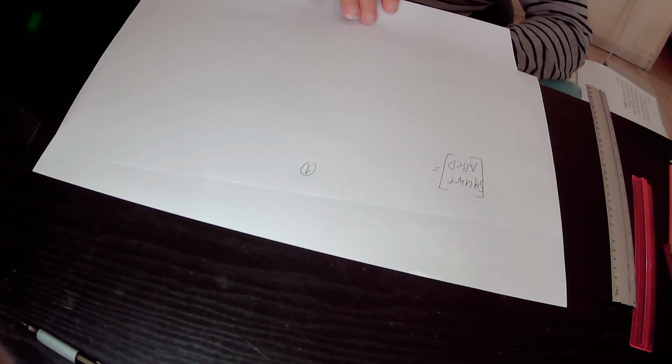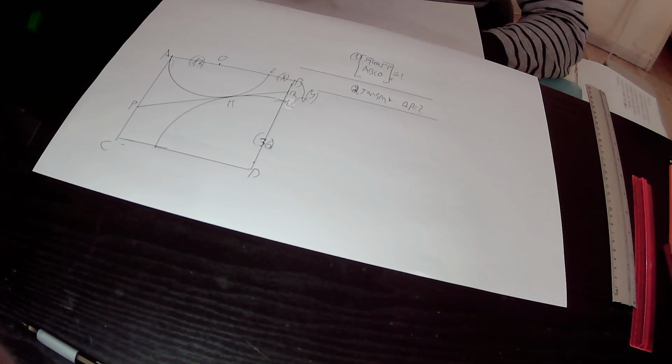Actually, we know that the area of any square equals the length of one side squared.